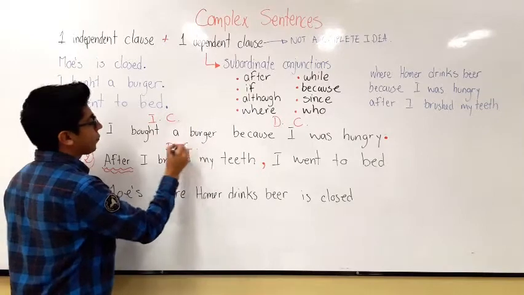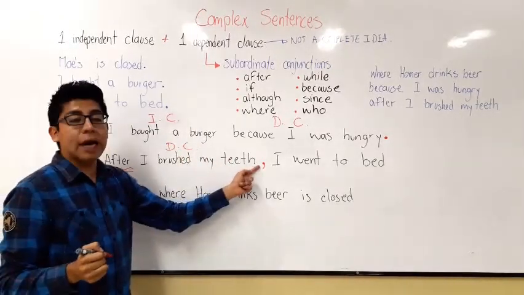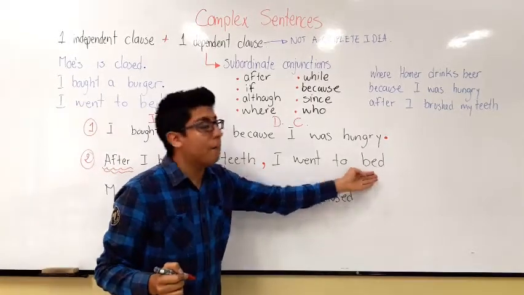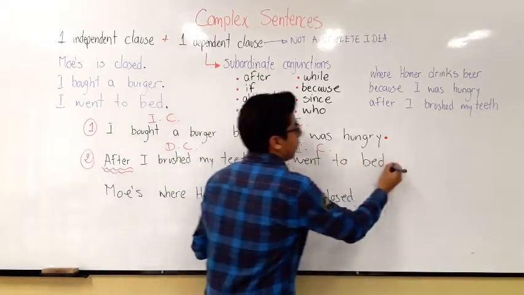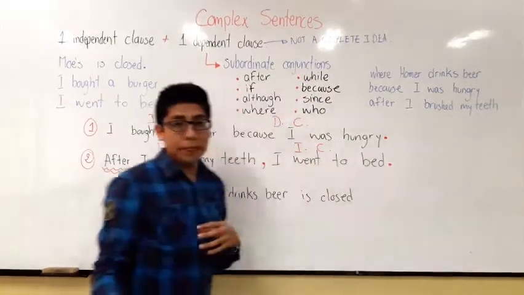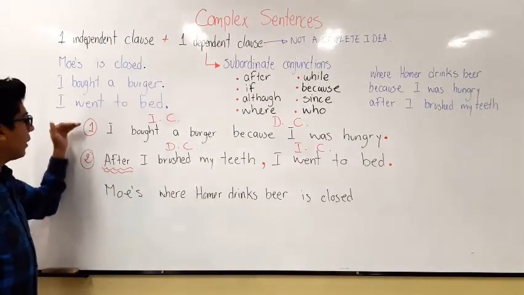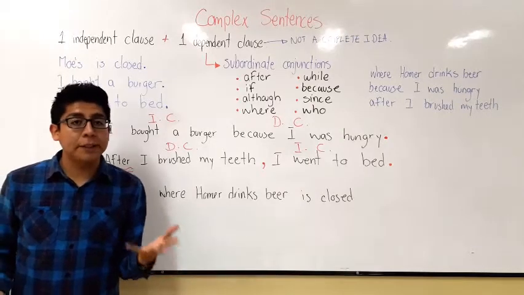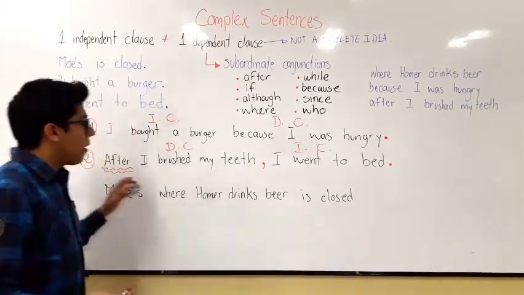So I have my dependent clause first, and then I place a comma after the dependent clause, and then I start my independent clause. I went to bed. And period. Alright? So basically, in these two cases, the punctuation depends on the order of clauses, right?